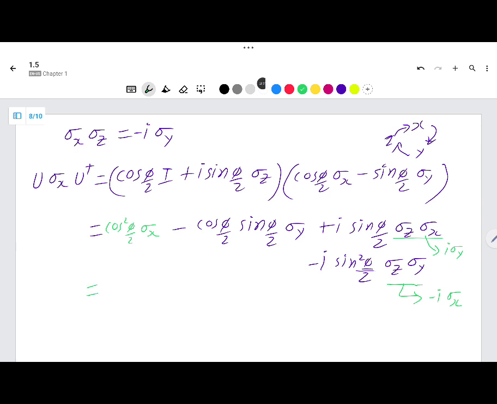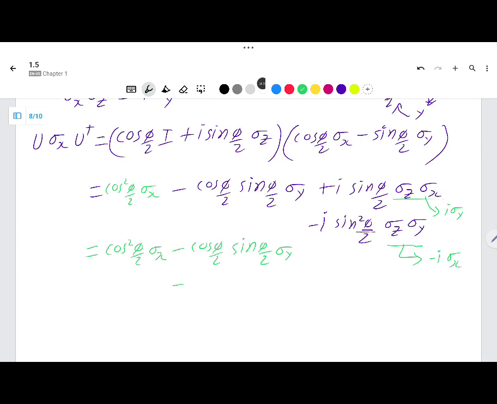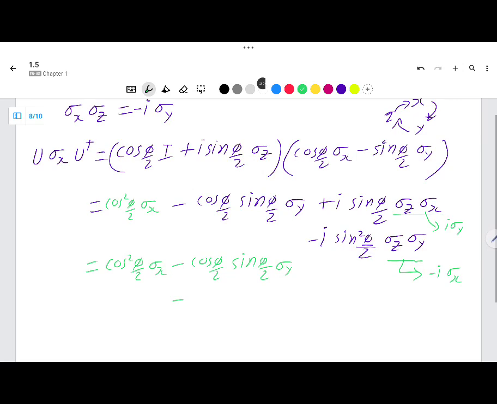So there is cos square pi by 2 sigma x. There is minus cos pi by 2 sin pi by 2 sigma y. i square will give me minus 1. So I will have minus, right.